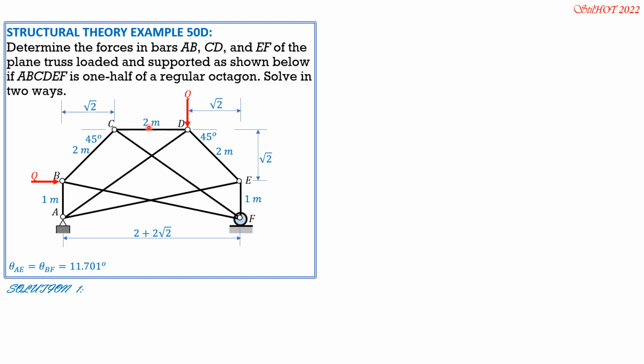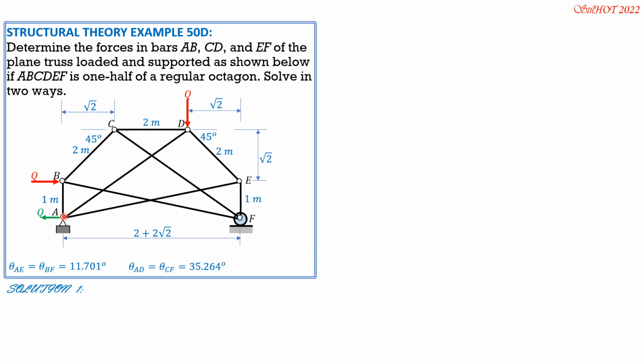It is equal to arctan of quantity 1 plus square root of 2 divided by horizontal distance 2 plus square root of 2. You'll get 35.264 degrees.